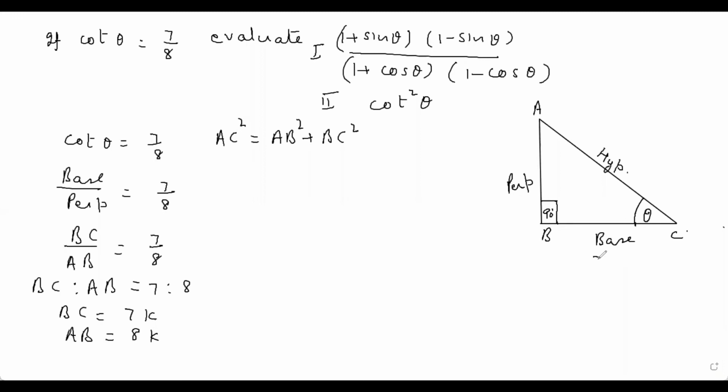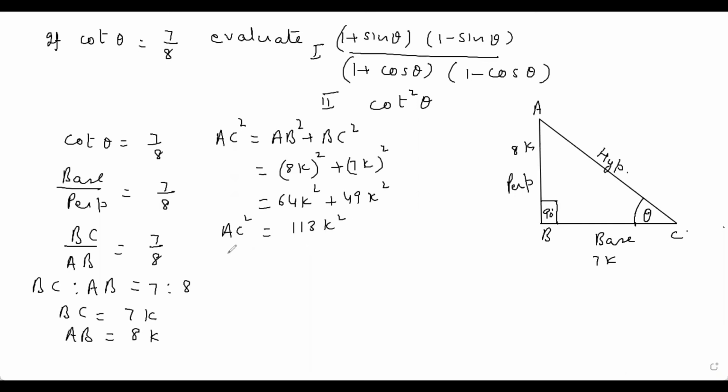AB is 8K, 8K whole square, and BC is 7K whole square. This is equal to 64K square plus 49K square. It means AC square is equal to 113K square. AC is equal to root 113K.